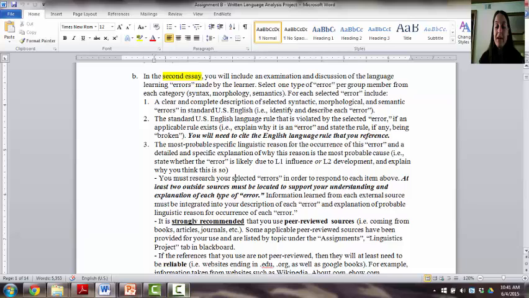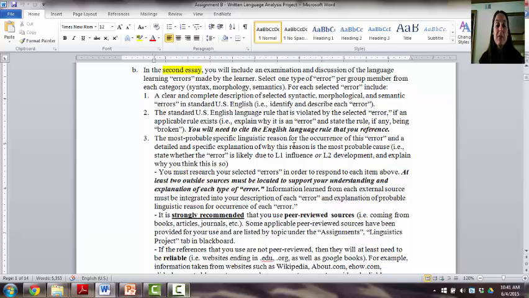And then the third and final piece is to provide the most probable and specific linguistic reason for the occurrence of this error. So you have to choose whether the error is likely due to first language influence, right? So the child is using their knowledge from their native language and the way that that particular structure works in their native language and is applying it to English where it doesn't work.